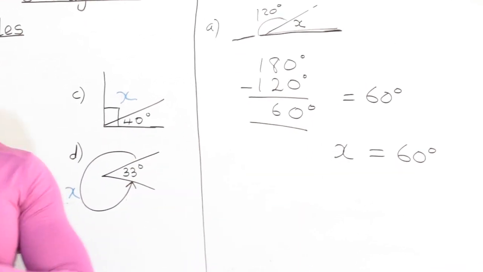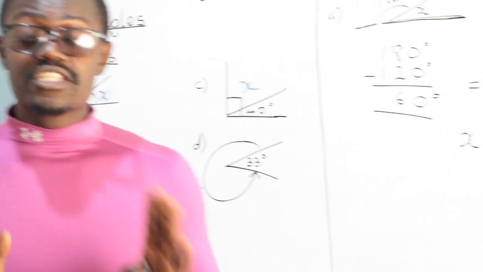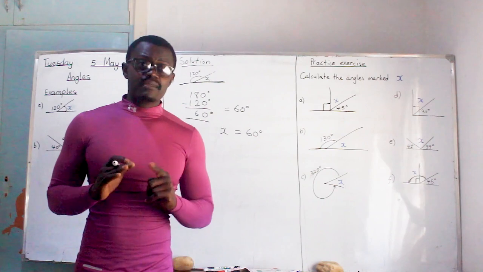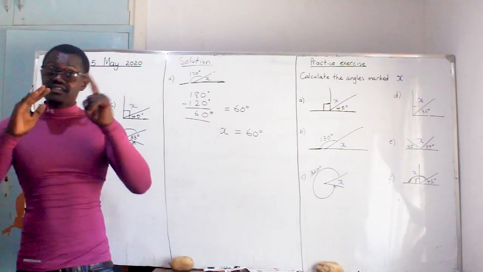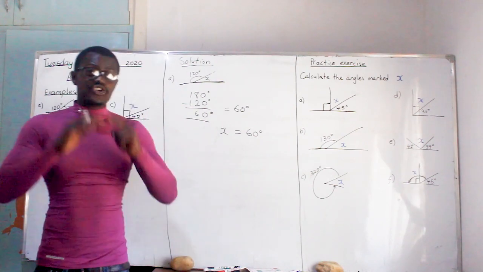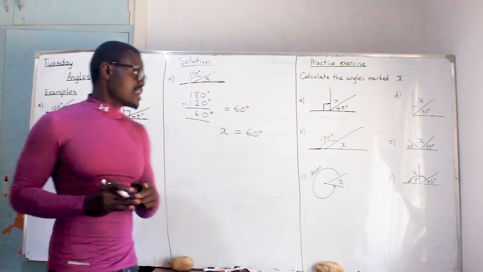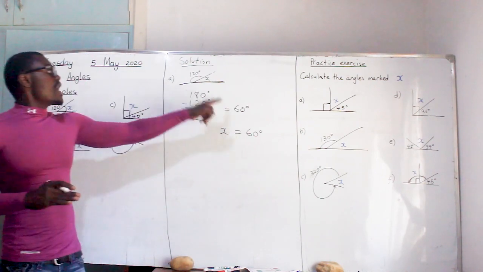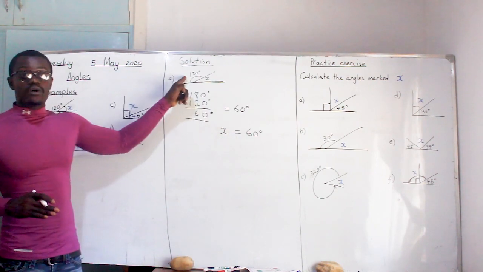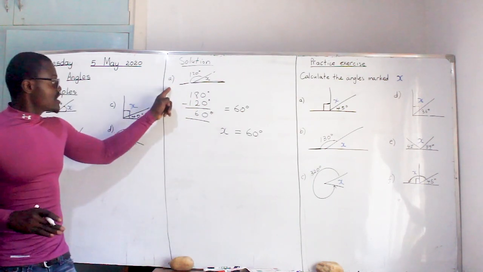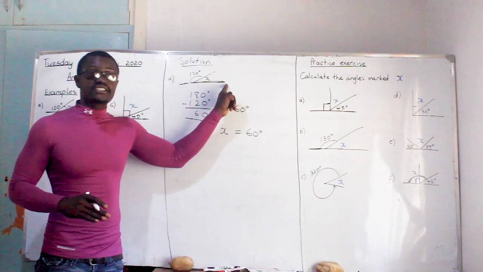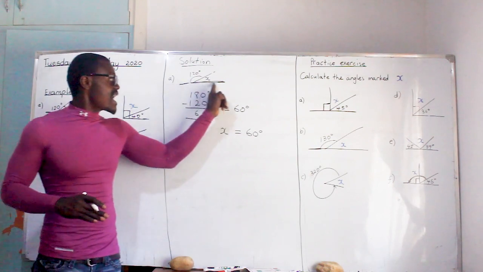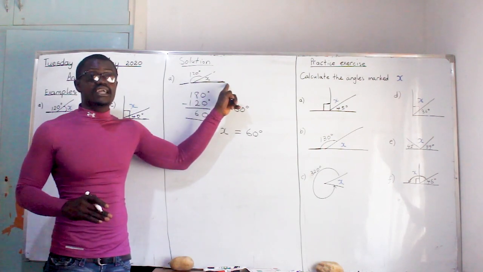In mathematics, we can always prove our answer. If you want to be sure whether your answer is wrong or correct, you add your answer to the given angle. If you add the two, they should give you 180 degrees. Why? Because this straight line should give us 180 degrees.